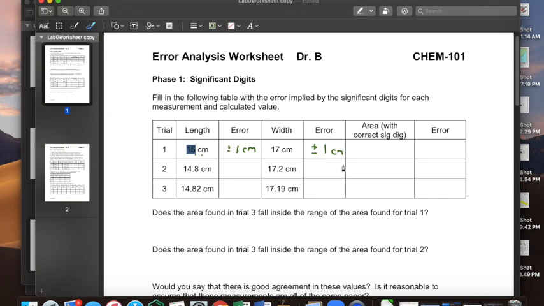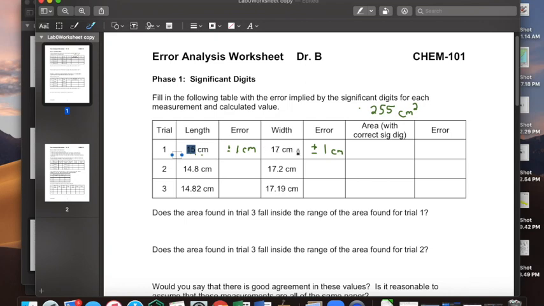All right, then we're going to calculate the area. And when I calculate this, my calculator tells me that I have 255 centimeters squared. But I am multiplying something that has 2 digits by something else that has 2 digits.